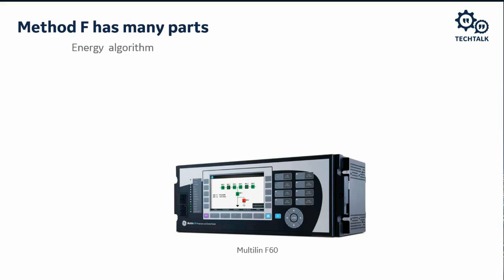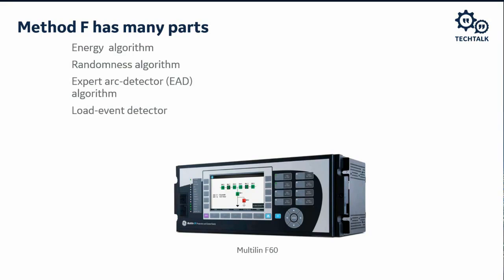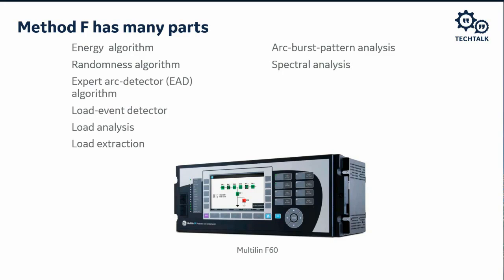Energy algorithm, randomness algorithm, the expert arc detector, the load event detector, the load analysis algorithm, the load extraction algorithm. We take a look at arc burst pattern analysis, spectral analysis, arcing suspected identifier. There's an even harmonic restraint and voltage supervision.